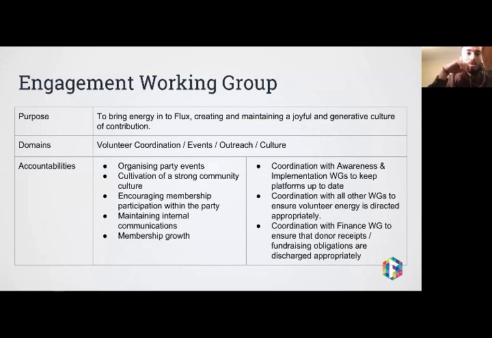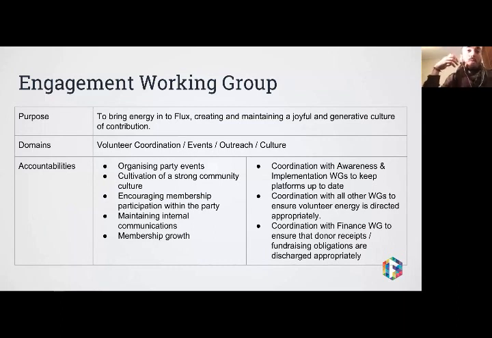So the awareness group might be considered the voice of Flux, the ones that announce, the organ that announces our presence and really engages people to let them know that we're here and perhaps even bring energy in. The engagement working group I see as the connective tissue, the connective space that gives structure and support to the organization as a whole.